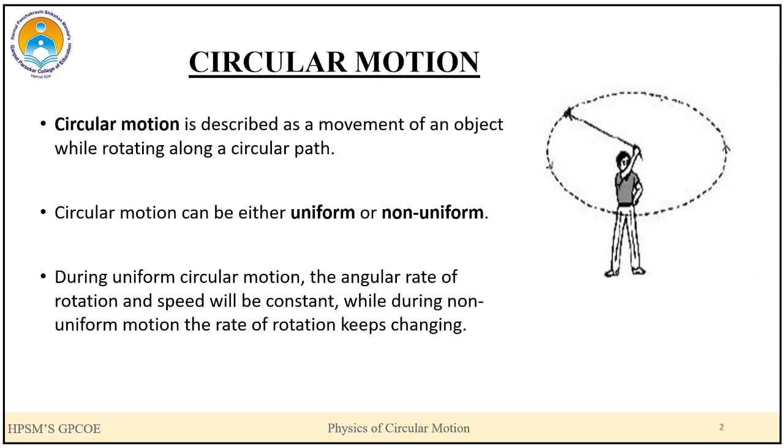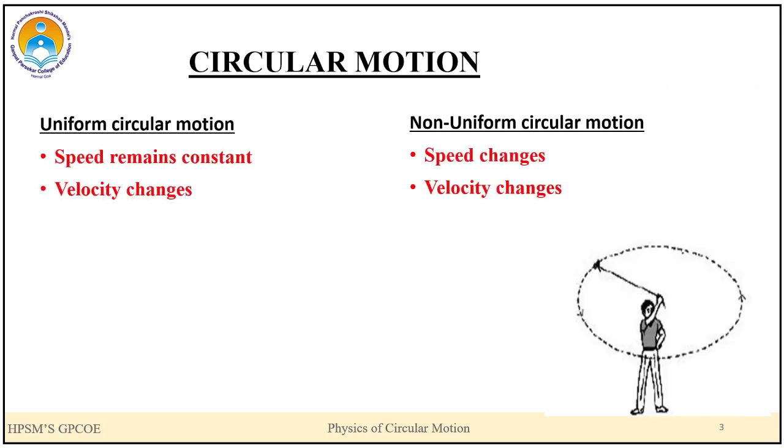During uniform circular motion, the angular rate of rotation and speed will be constant, while during non-uniform motion, the rate of rotation keeps changing. So here you can see, in case of uniform circular motion, speed remains constant, but in case of non-uniform circular motion, speed changes. But now what about velocity?